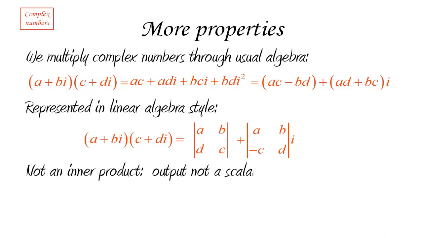Alright, I hope you got it right. The output is not a scalar. Remember, the key characteristic of an inner product is that you take two vectors, multiply them together, and you get a scalar. But in this case, we're taking two vectors, multiplying them together, and getting another vector. So this is, if you want, more along the line of cross products, although it's not the same thing, don't get me wrong, but it's more along the line of that one rather than of an inner product.